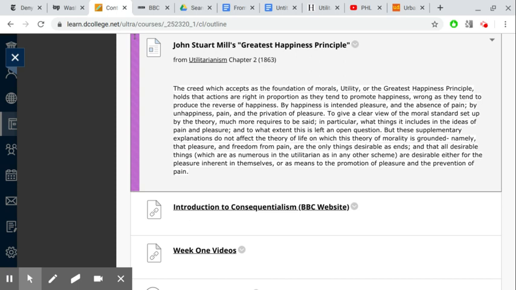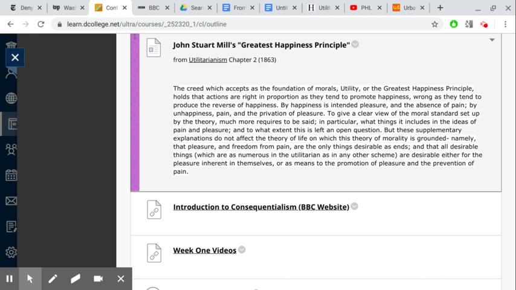Mill is actually quite concerned with the different sorts of pleasures and is very concerned with making it clear that he considers some pleasures to be higher or more important than others, intellectual and social pleasures as opposed to bodily pleasures. But let's just leave that an open question for the moment, because we don't have to get into those aspects of it.